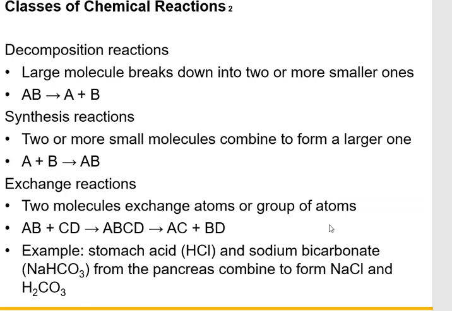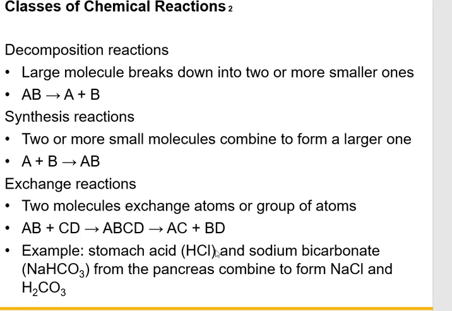Here's one example of an exchange reaction. In your stomach, you have HCl, hydrochloric acid, and you have sodium bicarbonate that is made by your pancreas to help neutralize the stomach acid so it doesn't eat a hole in your intestines. So when the hydrochloric acid and the sodium bicarbonate mix together, then you get just plain old table salt, NaCl. So there's the sodium from this one exchanging with the hydrogen here.